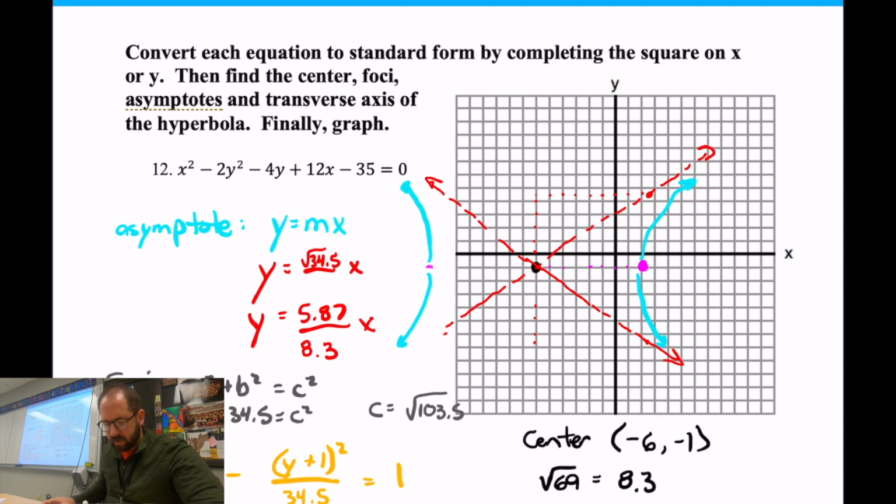Because I added those two numbers together, take the square root of it. It's just above the number 10, I think. 10.1, 10.2. So there's where my foci are going to be located. They're 10.2, so it's 8, 9, 10.2, and 10.2 this way. There's where my focus lands.